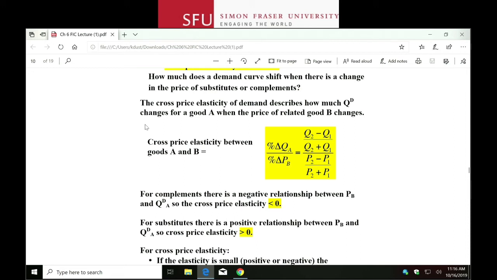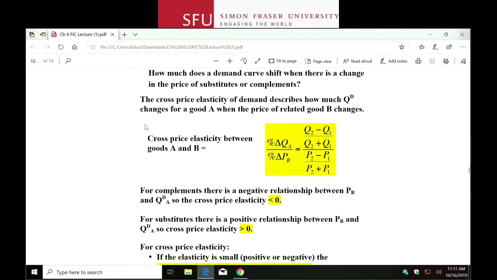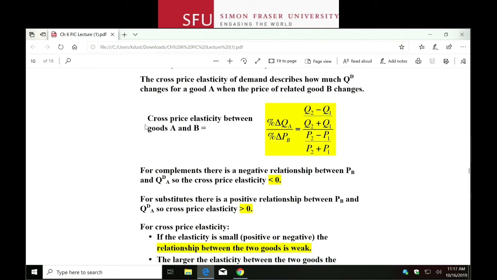So for popcorn and movies, those are complements, so you'd get a negative result, but it would be a fairly small number. And then staples and staplers, you'd get a negative result, but it would be a big negative number. Okay, so if the elasticity is small, that means the relationship between the two goods is weak.